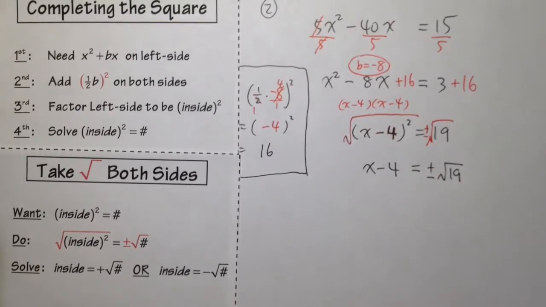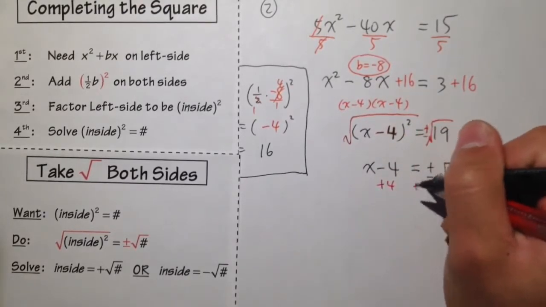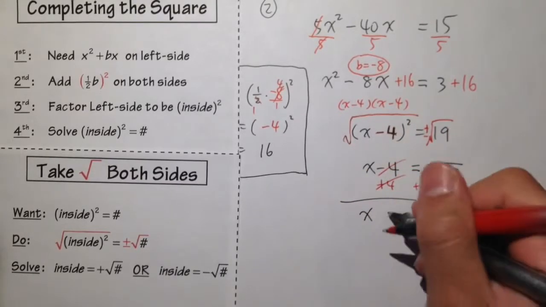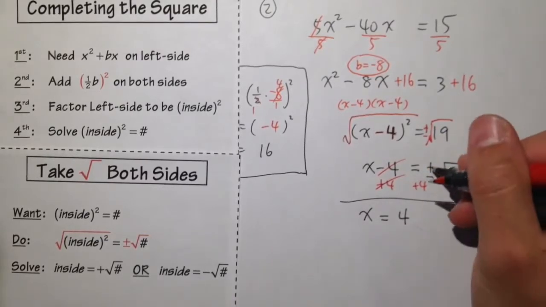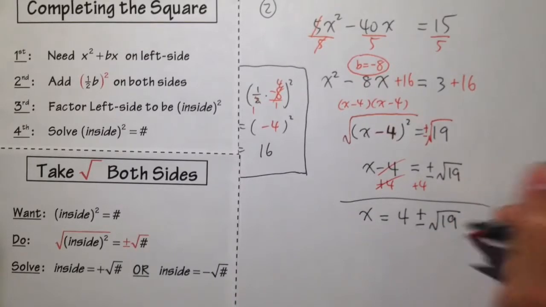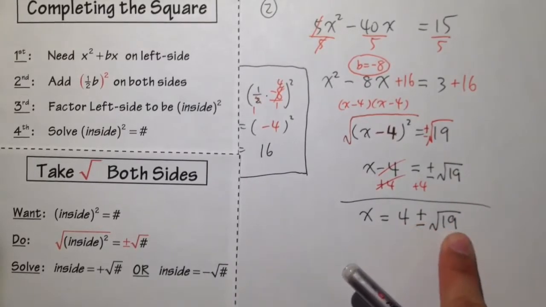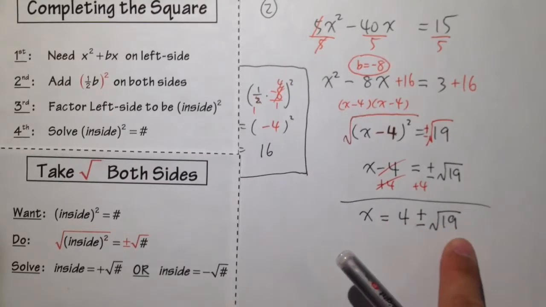Okay. So x minus 4, I need to plus 4 on both sides. Cancel this. I get x by itself equals to positive 4 plus minus square root of 19. And this really means 4 plus square root of 19 as one of the solutions, and then another solution is 4 minus square root of 19.